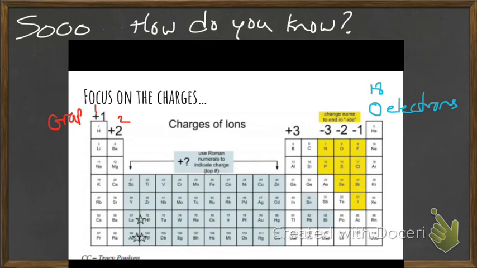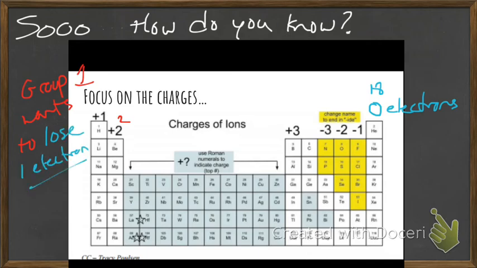Group 1 wants to gain 1 electron. Excuse me, did I say gain? They want to get rid of 1 electron. Lose is a better way of saying that. Lose 1 electron. Group 17 wants to gain 1 electron.